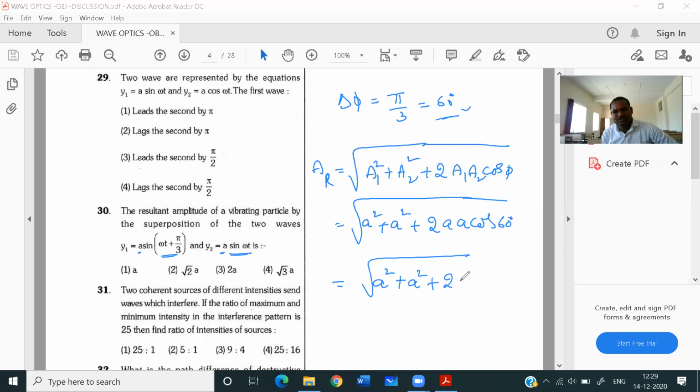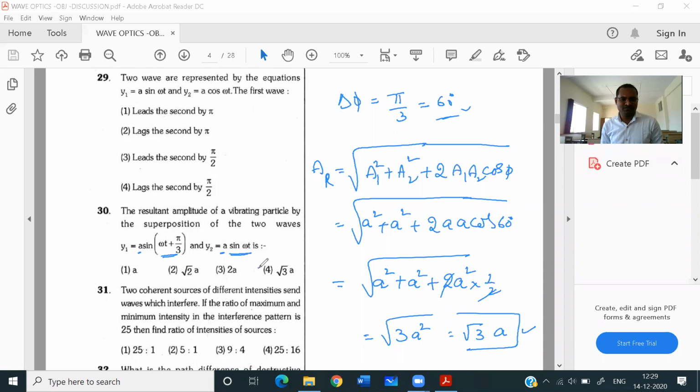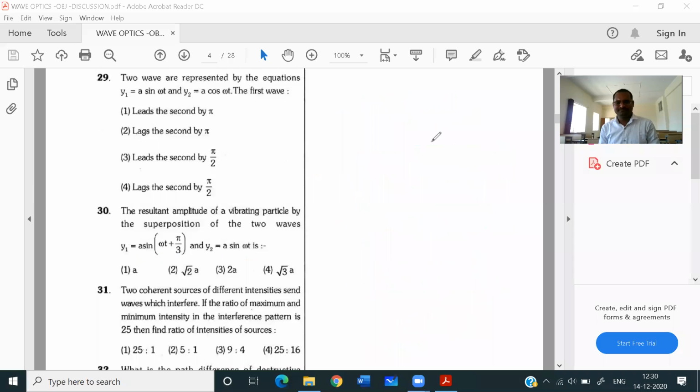Cos 60 is 1 by 2, so the 2 cancels. Now you have 3 times a square, that means the resultant amplitude is root 3 times a. Option 4 is there. Remember this also, it is important. Next, question number 31.